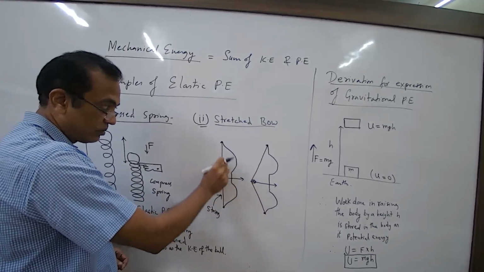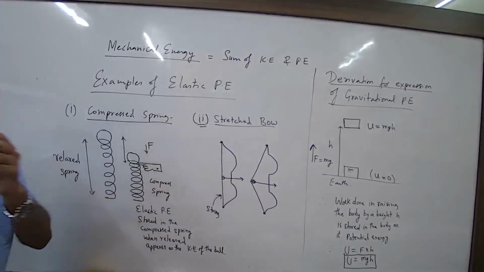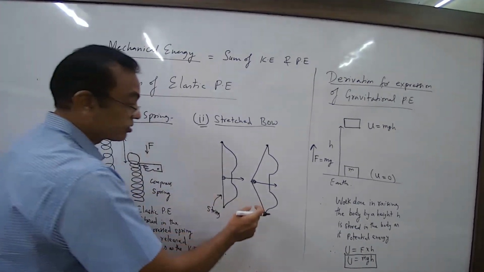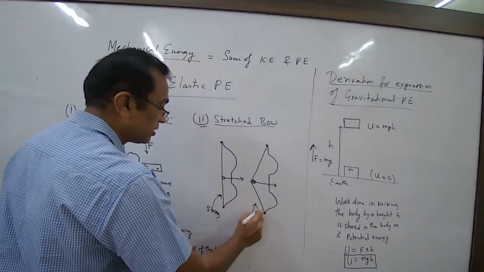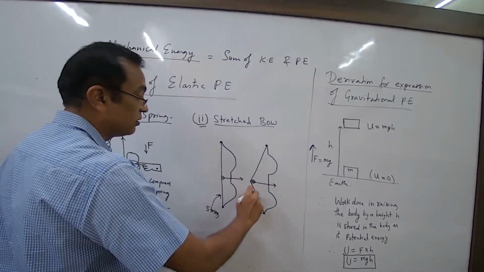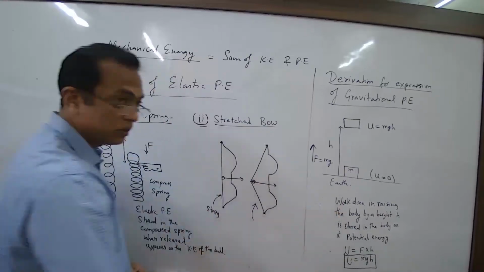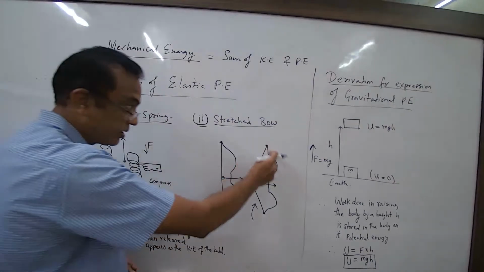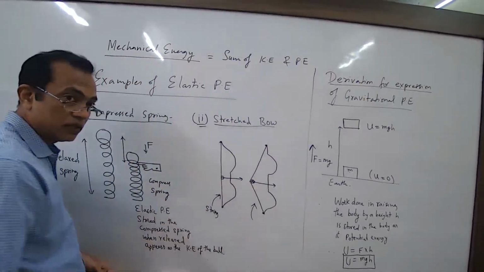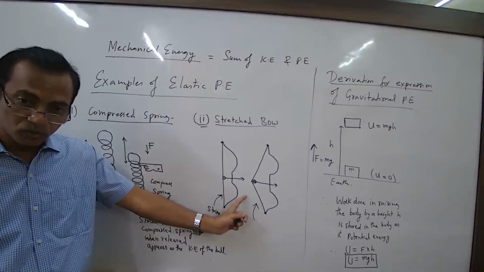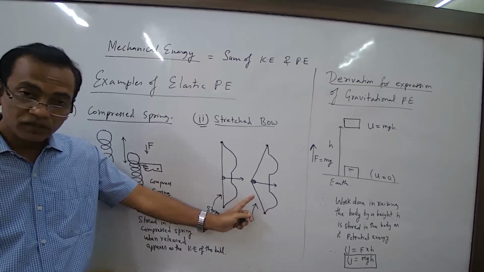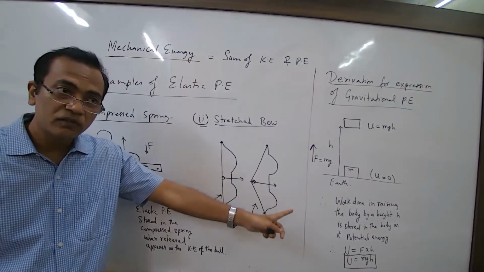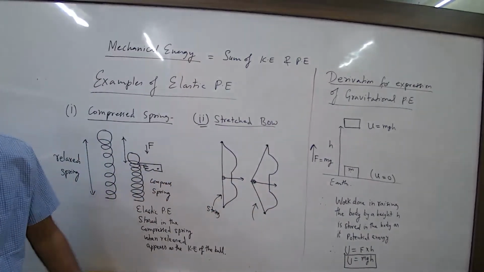And when you release it, it will try to regain its original position, original shape. So when the stretched string is left, the potential energy stored in the stretched string will be transferred as kinetic energy of the arrow. Got it?